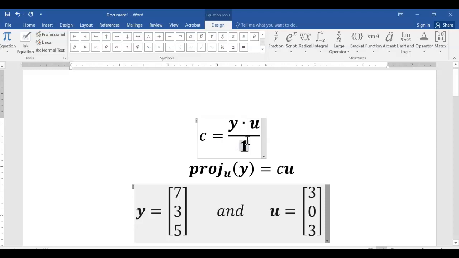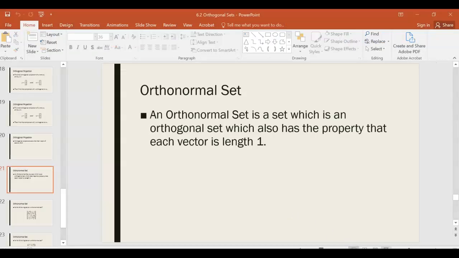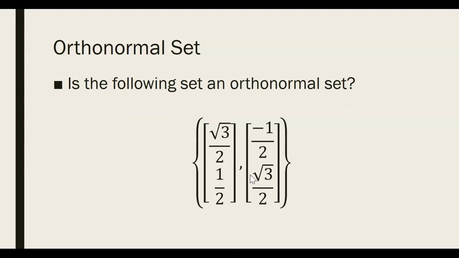So in my coefficient, I have to do a lot less calculation if my u's are of length 1. So it's kind of handy to have orthonormal sets. So let's take this set of two vectors and see if it is orthonormal.